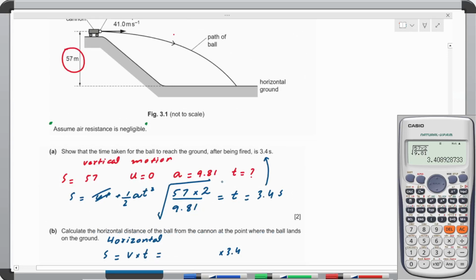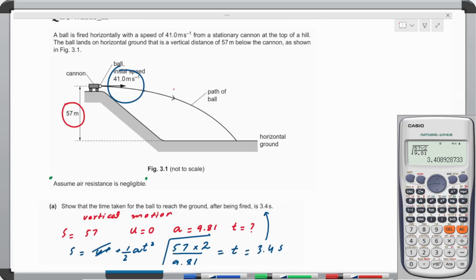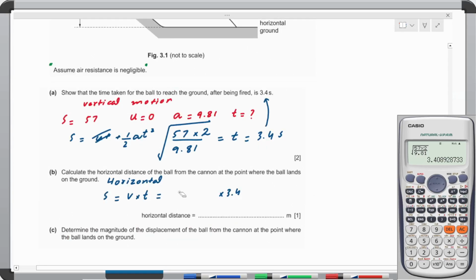It is essentially the horizontal component of the velocity, because in this case, whatever the resultant velocity is, that is entirely your horizontal component, because we project the object horizontally in this case. So it was 41.0, or was it 41? Yeah, 41.0 times 3.14.